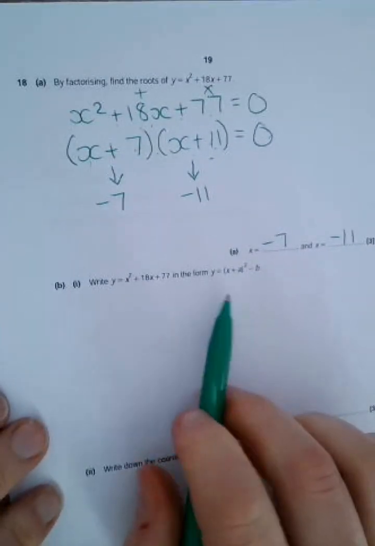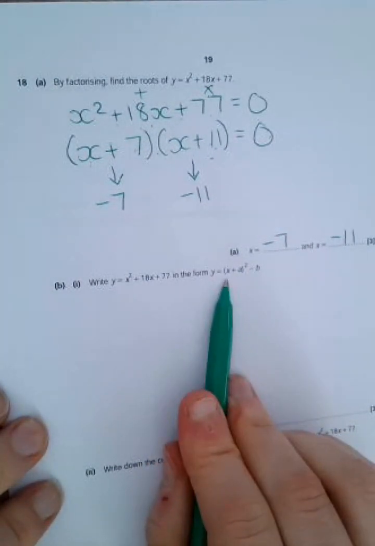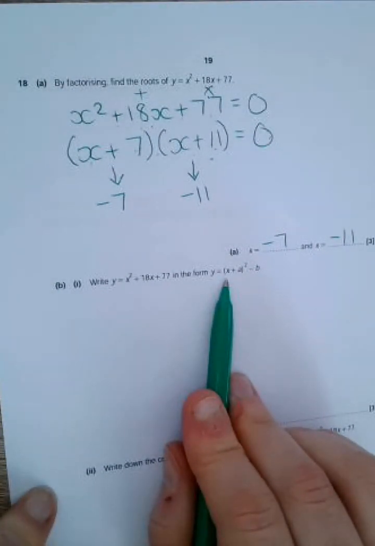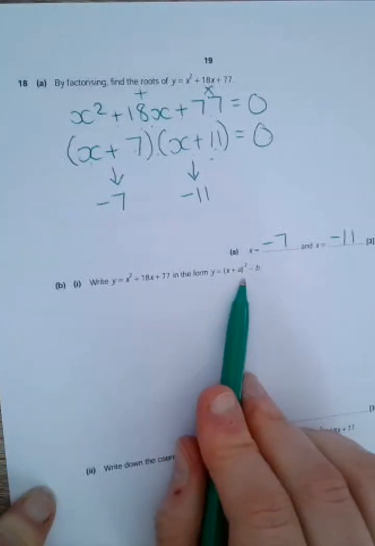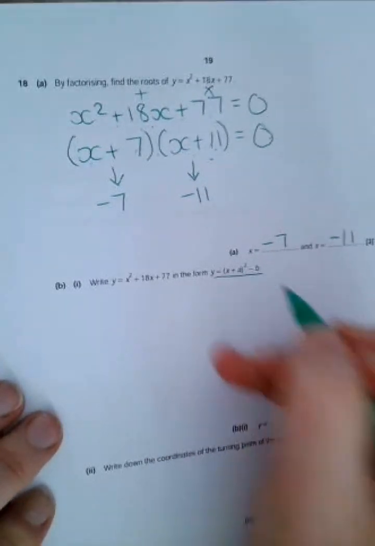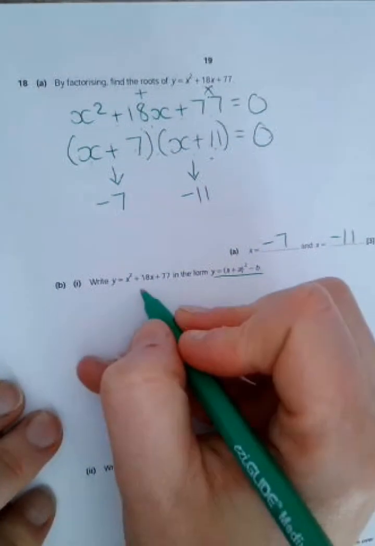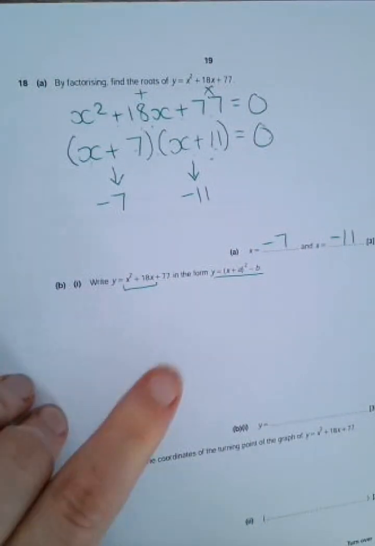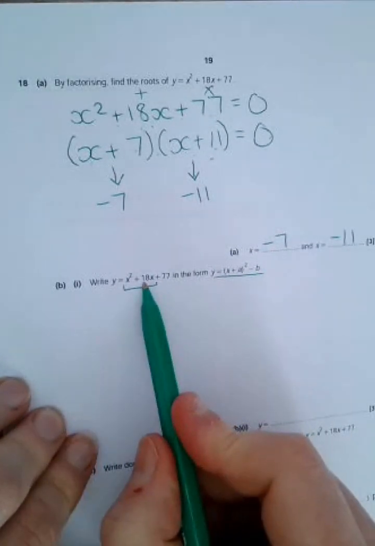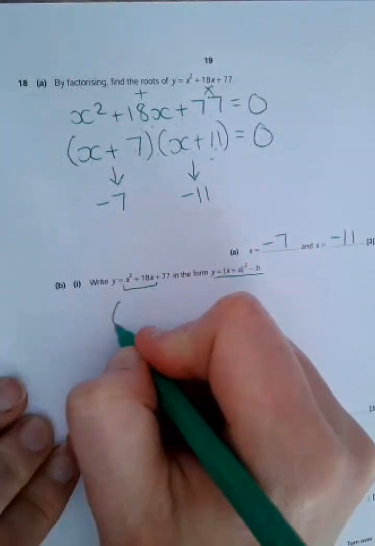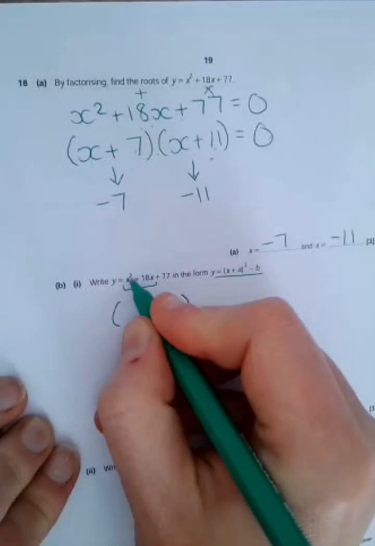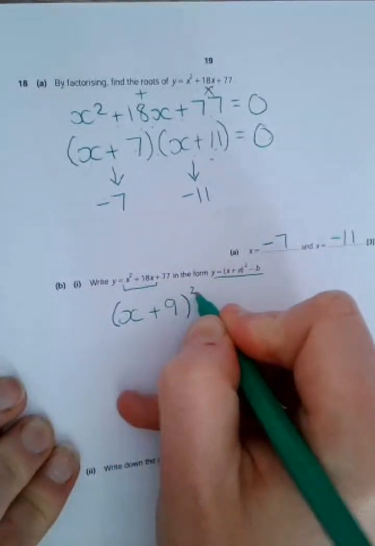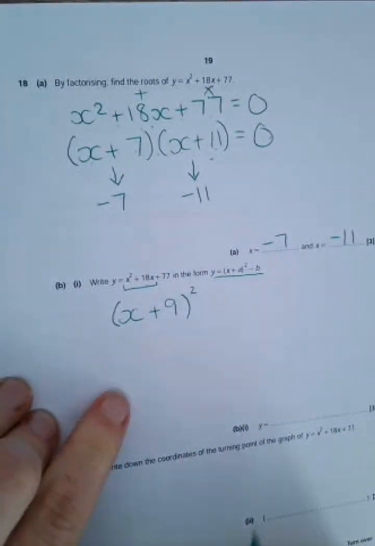Right, it then asks me to put it in this form, and this form is completing the square. So x plus a squared minus b. So it wants me to put it in the completed the square form. So to do that, take the first section, so the x squared plus 18x, and I'm going to half this number here and put it into brackets. Get rid of any squares here, so it's x. Half of 18 is 9 squared. Okay, that's the first step.